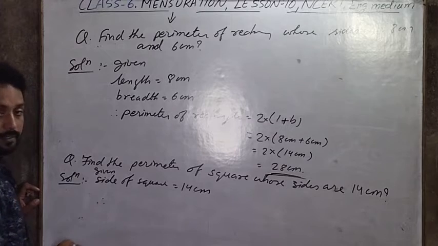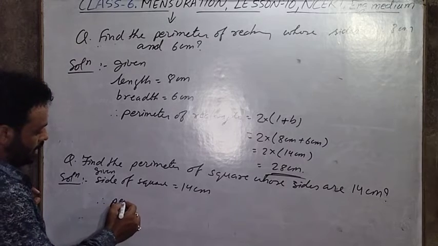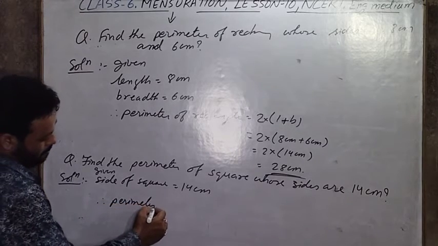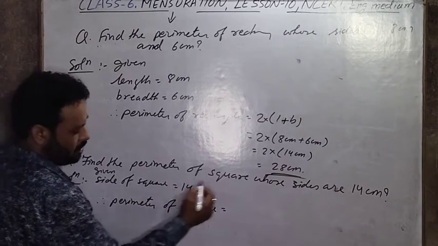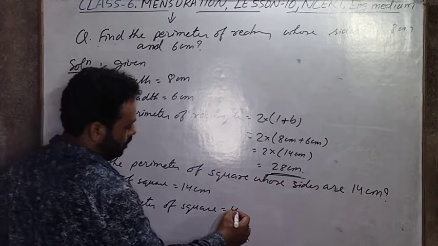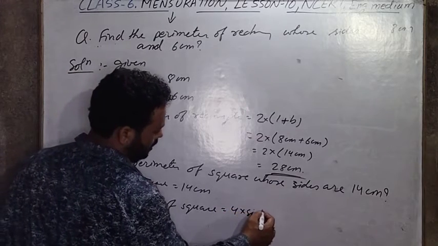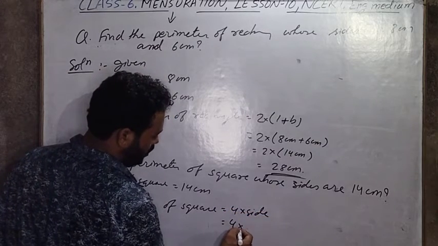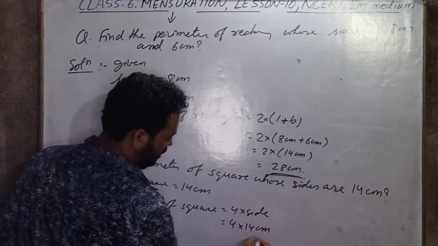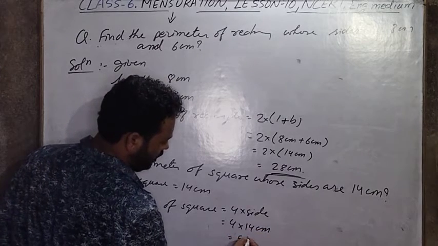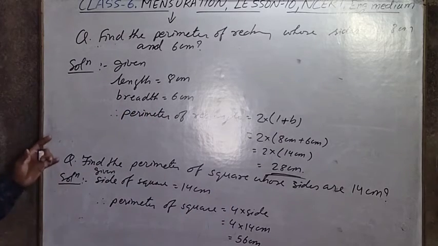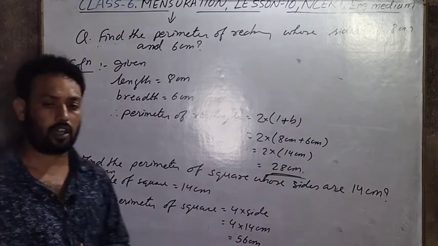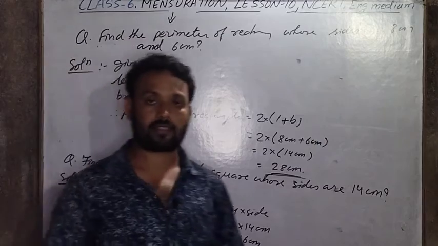Since we know that perimeter of square is equal to 4 into side, that is 4 into 14 centimeter, 4 fourteens are 56 centimeter. This is the solution. So these types of questions we can solve by using the formulas.